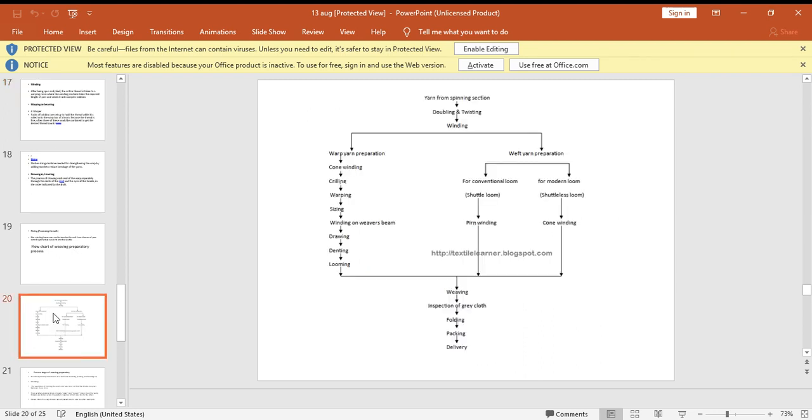Then it is classified into two: warp yarn preparation and weft yarn preparation.